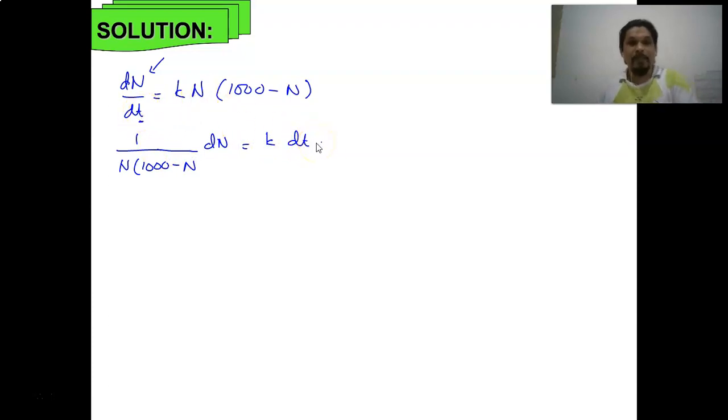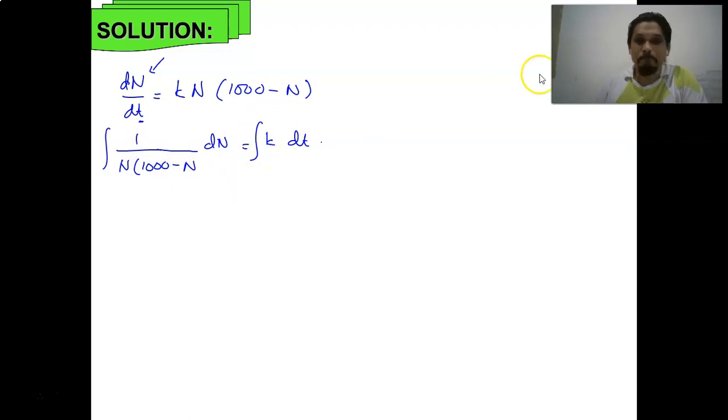And if you see here, k with an n and also 1000 minus n, this is the statement for the variable n. So then 1 divided by n(1000 minus n) dn equal to k dt. Bring up here k dt. Okay, so then integrate left and right.